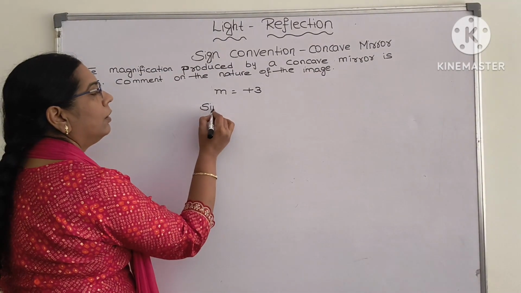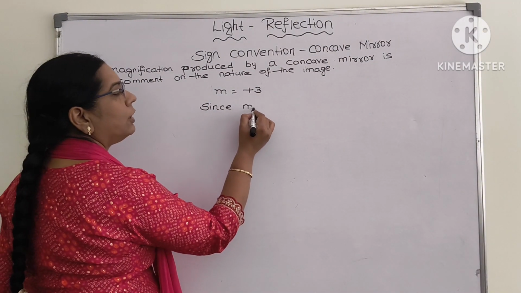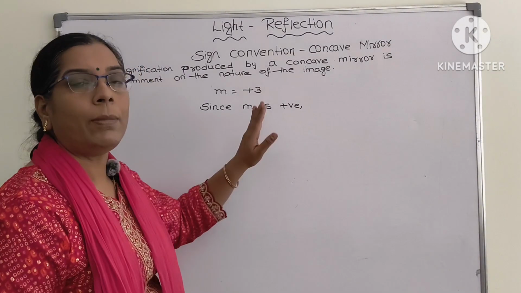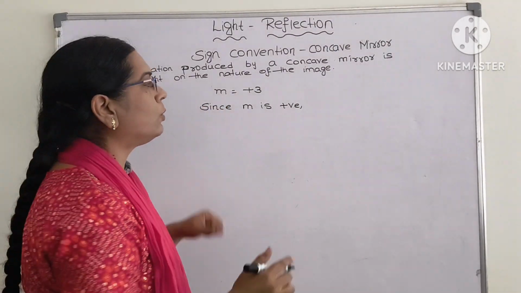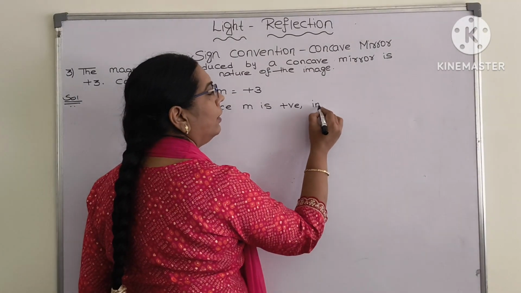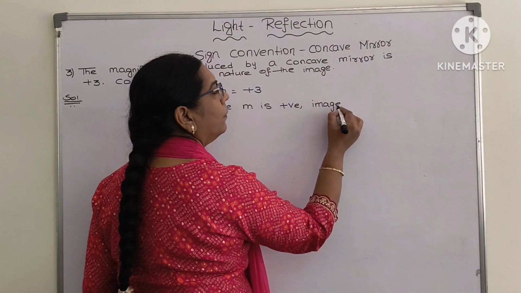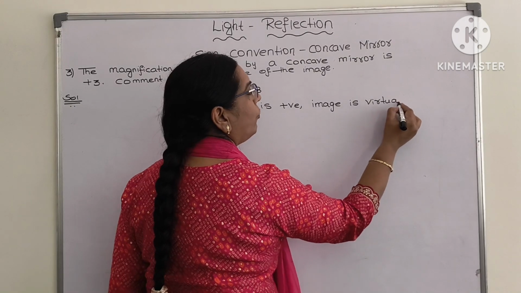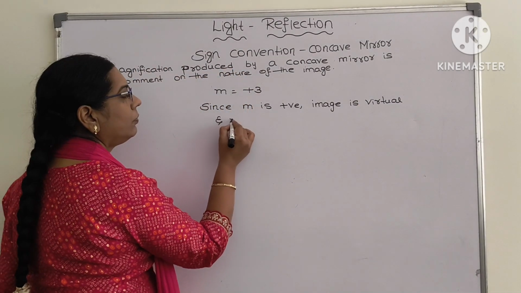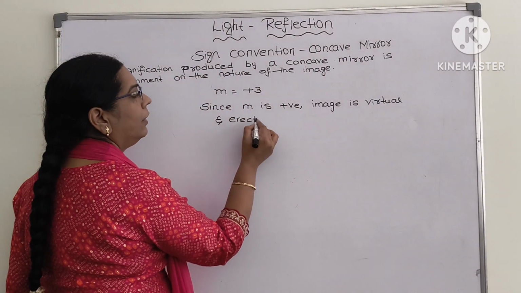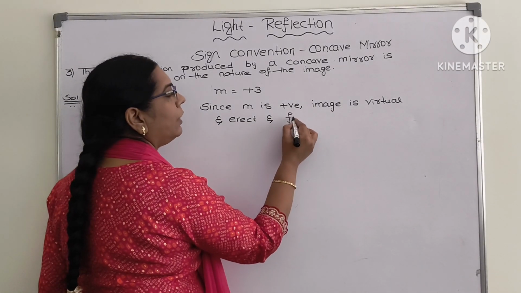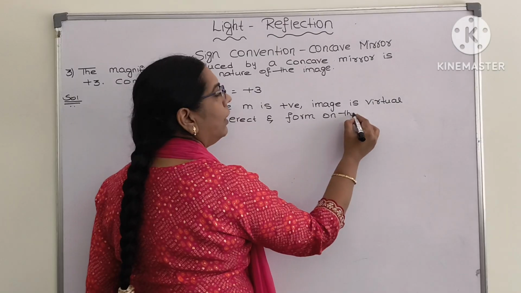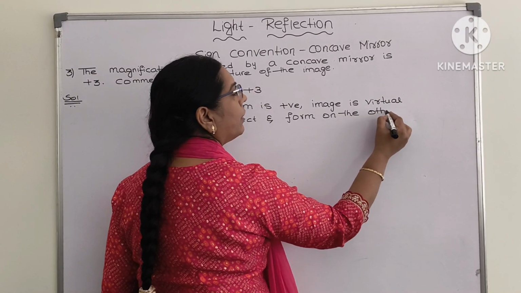Since m is positive, what does this mean? m is positive means the image is always virtual and erect. Virtual and erect, so where do they form? Yes, correct. They form on the other side of the mirror.